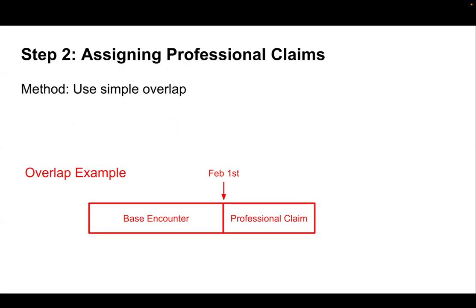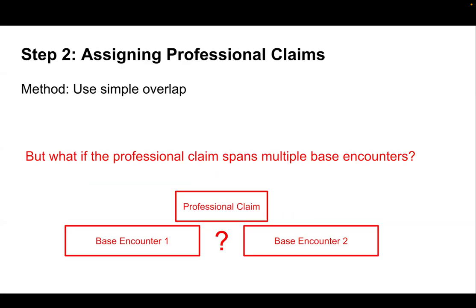The method we're going to use to assign professional claims is just a simple overlap. We're not going to use any adjacent plus or minus one sort of logic here. This is very simple to understand and very simple to implement in SQL. But there is one complicating factor. For most professional claims, the duration of the claim should just be 1 day, right?